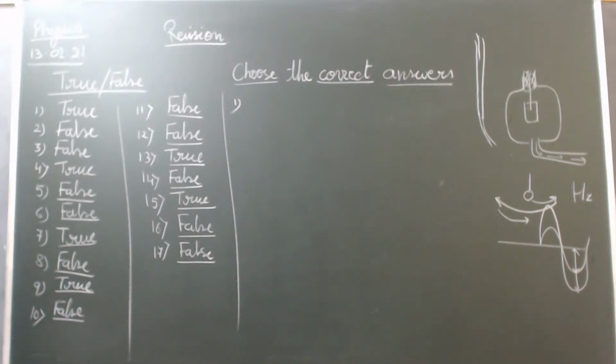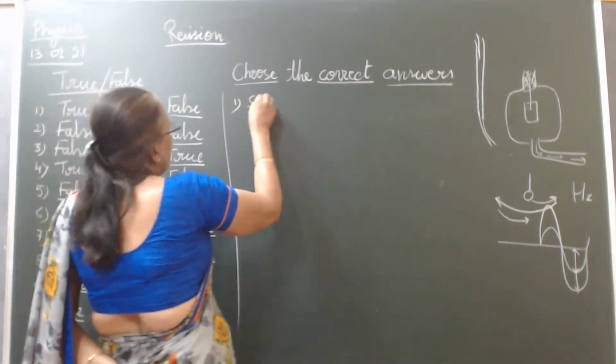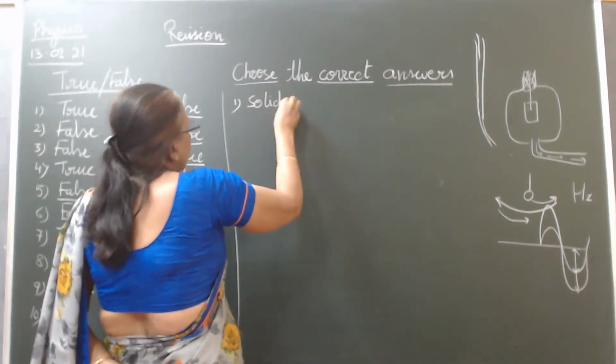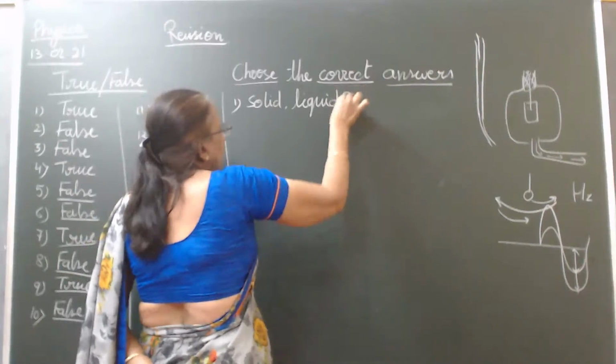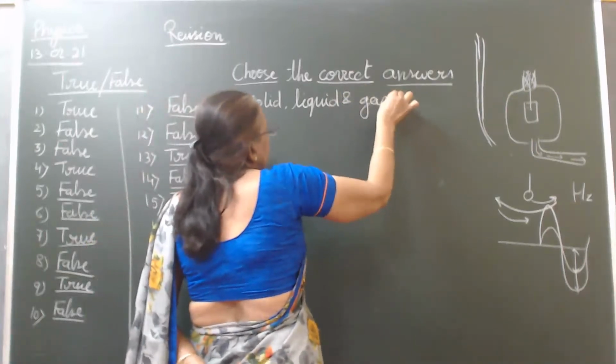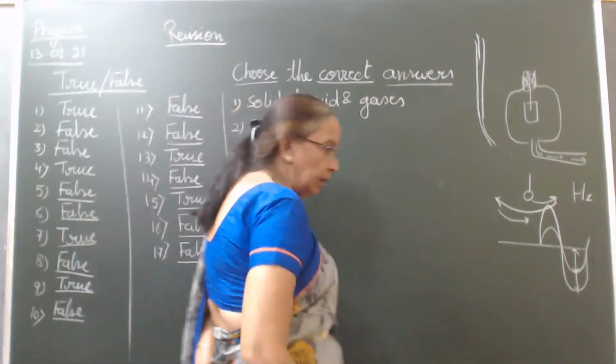Yes. In the sound lesson, first one: sound can travel through gases, solids and liquids. But the correct answer is solid, liquid and gas. Sound can travel in all the three.